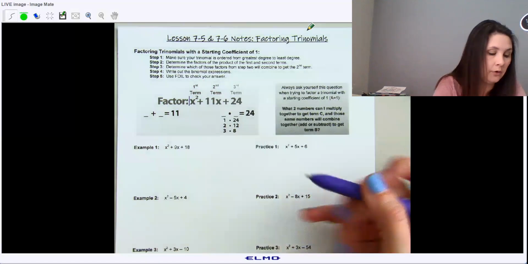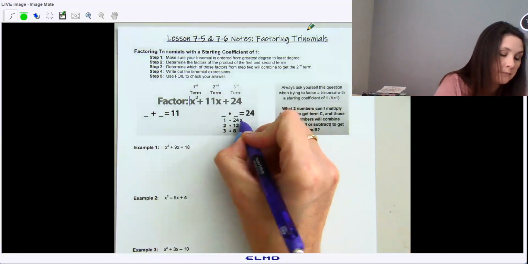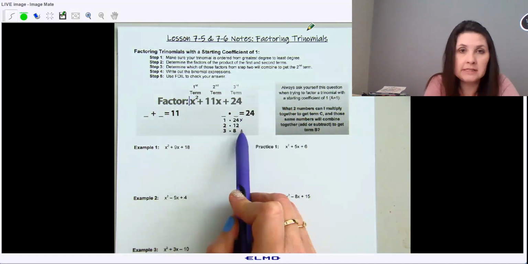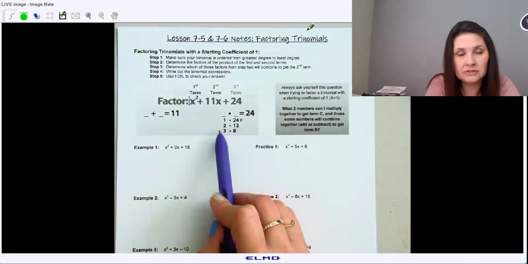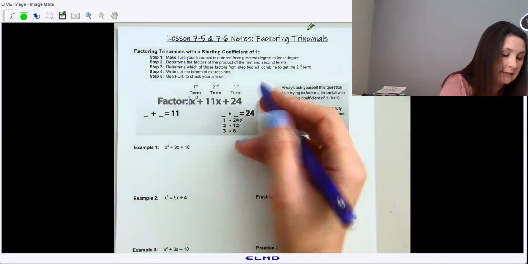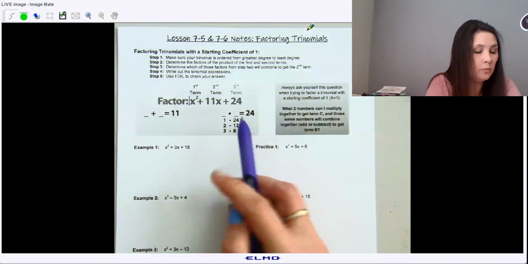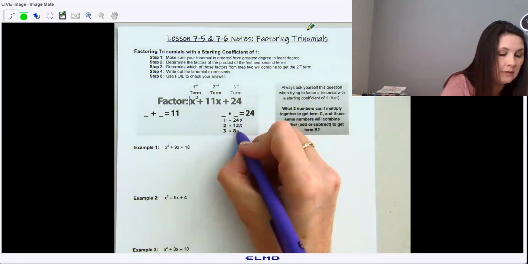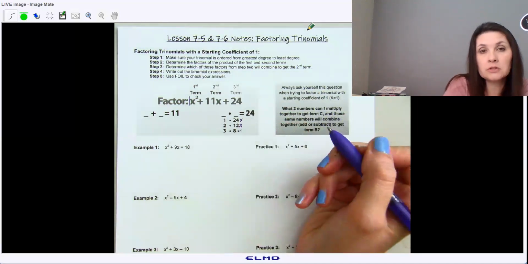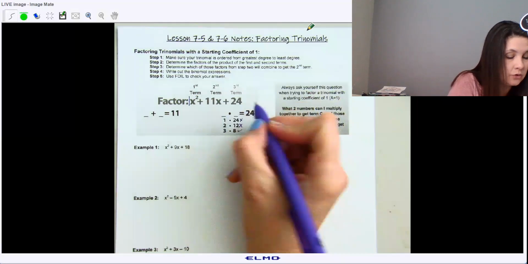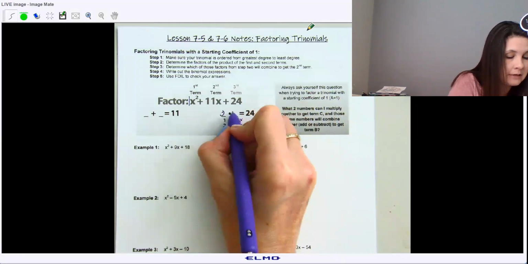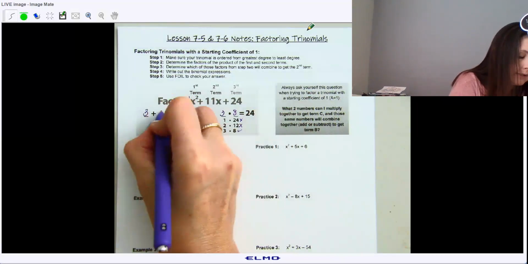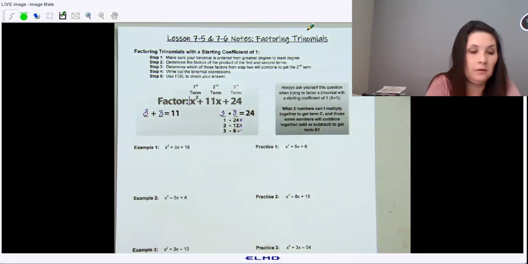That is not going to work, so no on that one. We have 2 plus 12 is 14, but 12 minus 2 is 10. That does not equal 11. And then we have 8 plus 3, 8, 9, 10, 11, is 11. So those are going to be the 2 factors you're going to use. 3 times 8 is 24, and 3 plus 8 is 11.